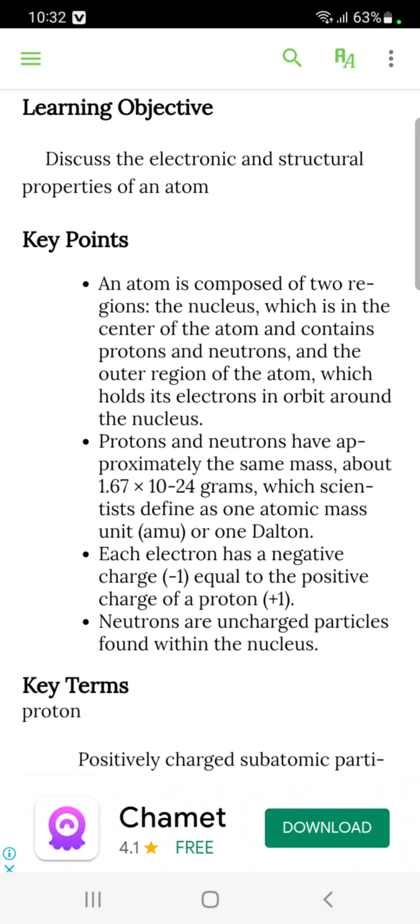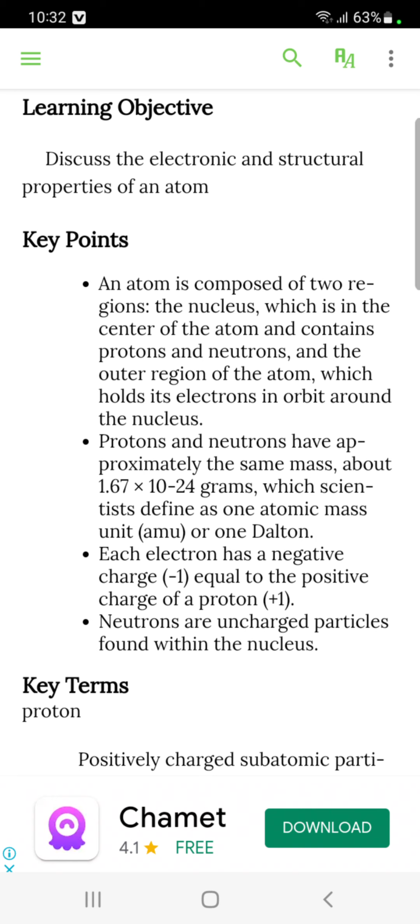Protons and neutrons have approximately the same mass, about 1.67 times 10 to the power of minus 24 grams, which scientists define as 1 atomic mass unit or 1 dalton. So we have reached number 3.